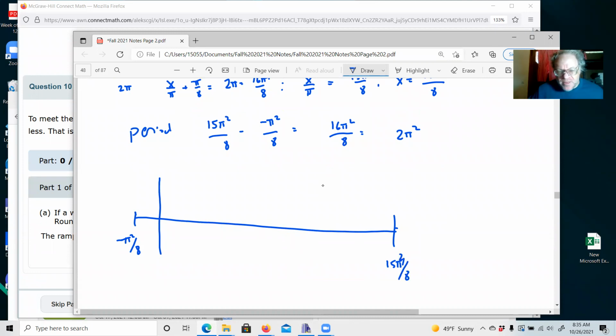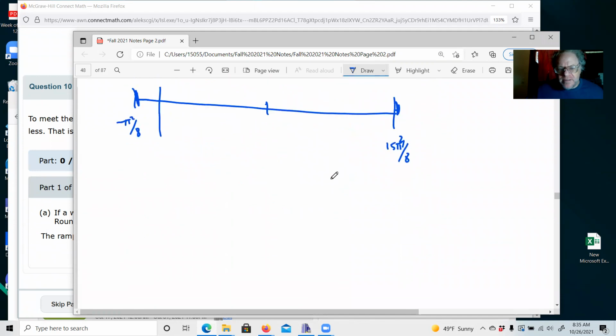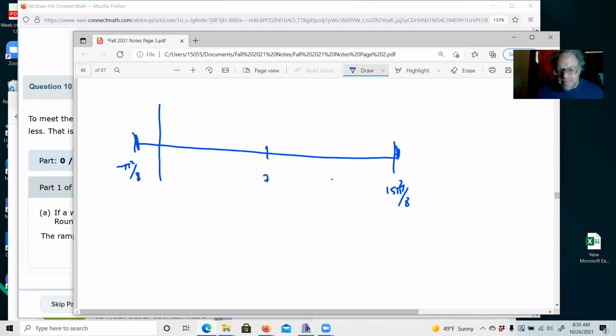Halfway between these two points is 7 pi squared over 8. And then halfway between these points, this was 3 pi squared over 8, and then this was 11 pi squared over 8, right?